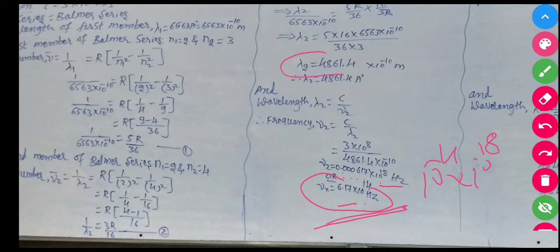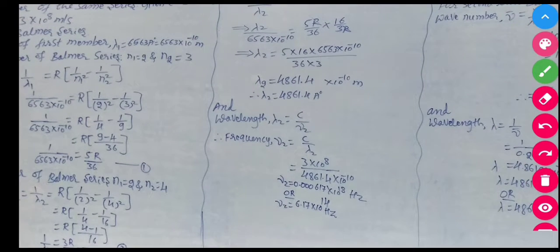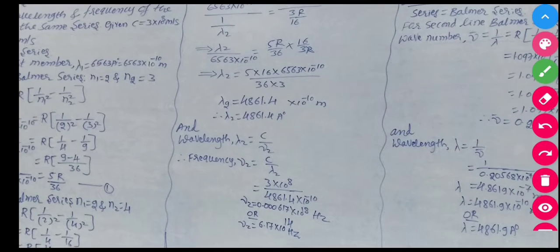Concerning nu 2, you are going to get 0.0000617 into 10 raised to 18 hertz. Expressing this in scientific notation, shift the decimal to this side by 1, 2, 3, 4 places, giving 10 raised to minus 4, into 10 raised to 18.